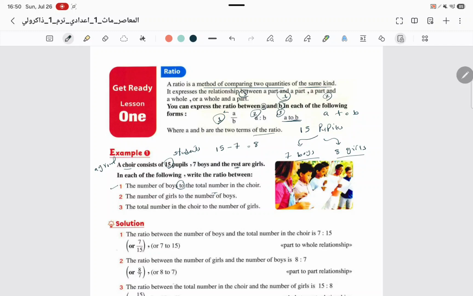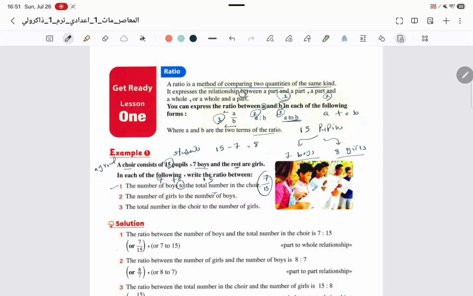The number of the boys is 7, right? I said here 7 boys. To the total number of the choir, which is 15. So we can write it in the first form as 7 over 15. The answer of the first question is 7 over 15.